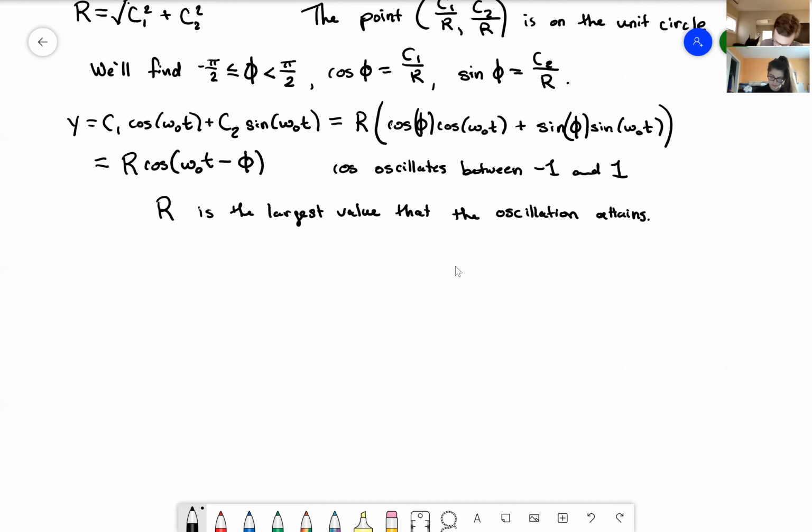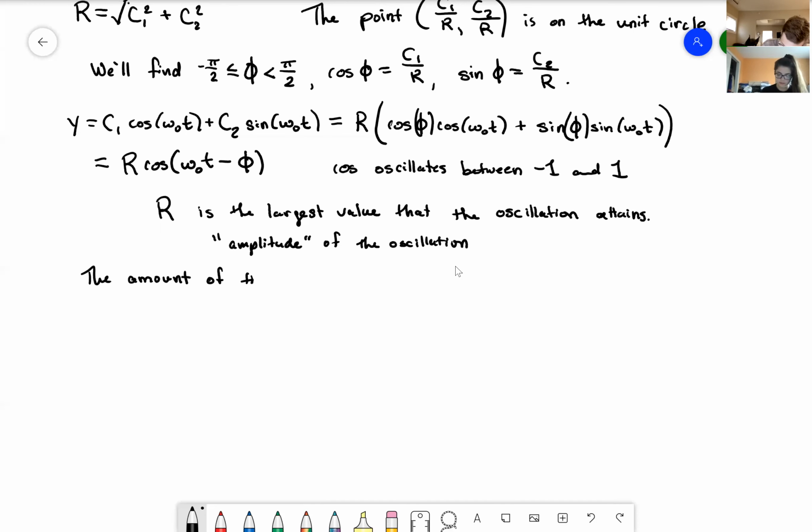So we know how cosine behaves. R just scales that up. And this is called the amplitude of the oscillation: how far it goes from the equilibrium position. The period, well, let's say the amount of time, and then we'll introduce the technical terminology.